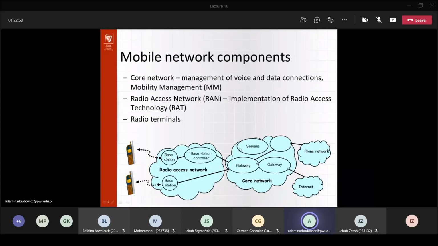Most likely it will be directed to another radio access network, and then also to somebody else's phone. Okay, so this is the division between, again, the access network, which as the name suggests provides access to individual devices, individual users, whereas the core network is the backbone of the system, which makes most of the connections.